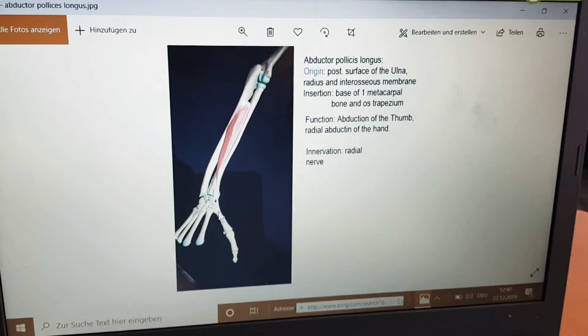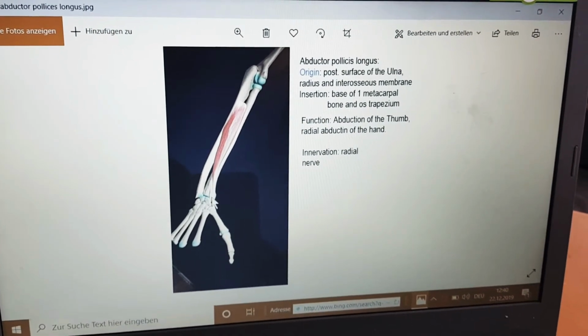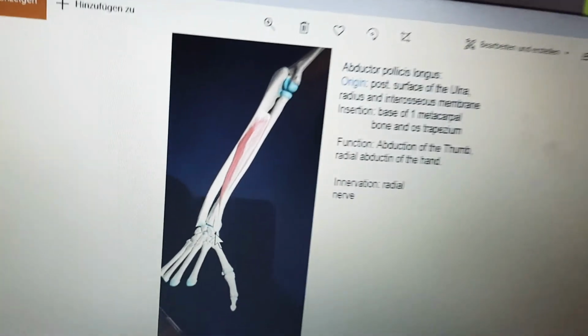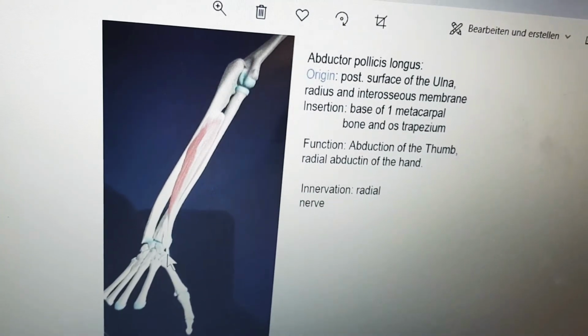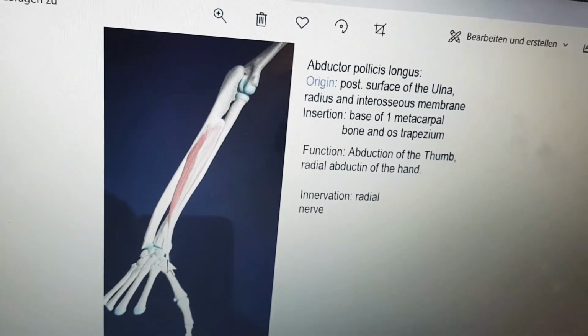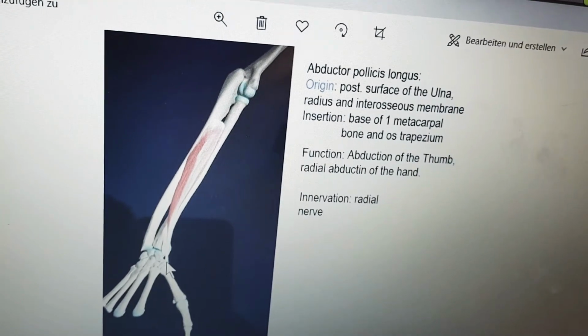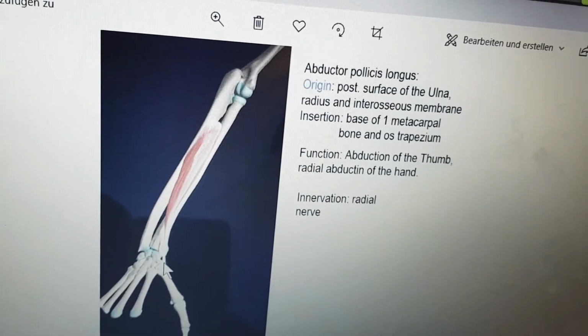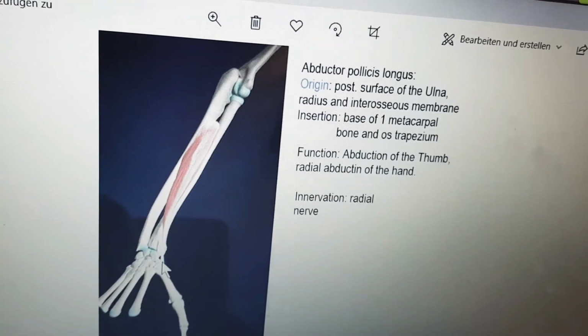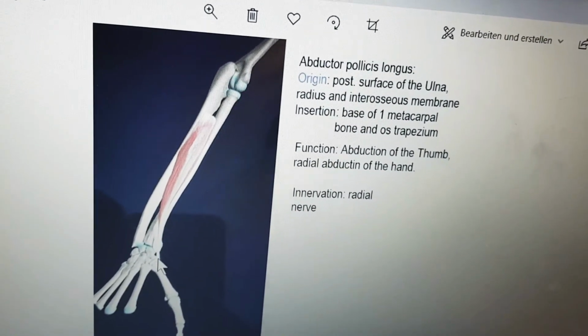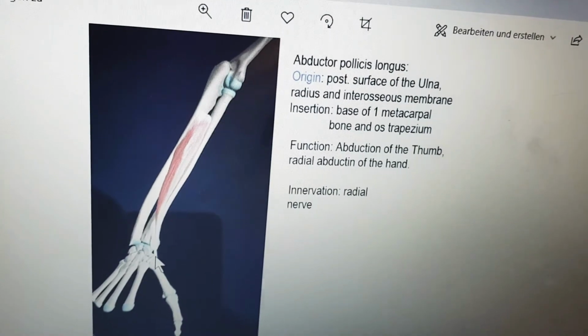And the function of this muscle is abduction of the thumb, radial abduction of the hand. The innervation of this muscle is the radial nerve.